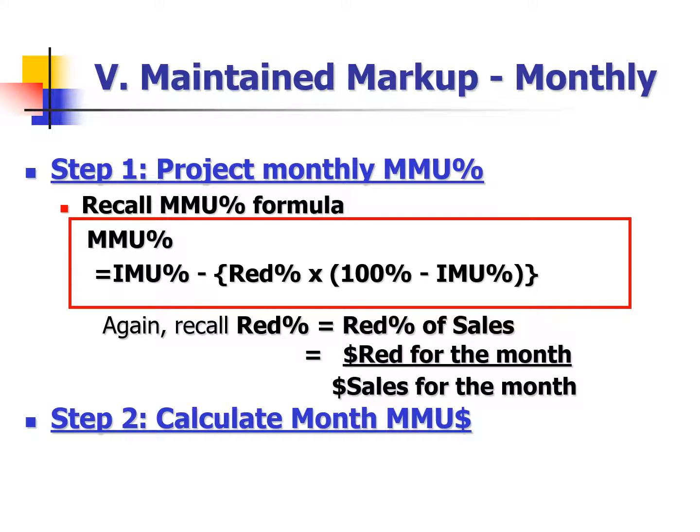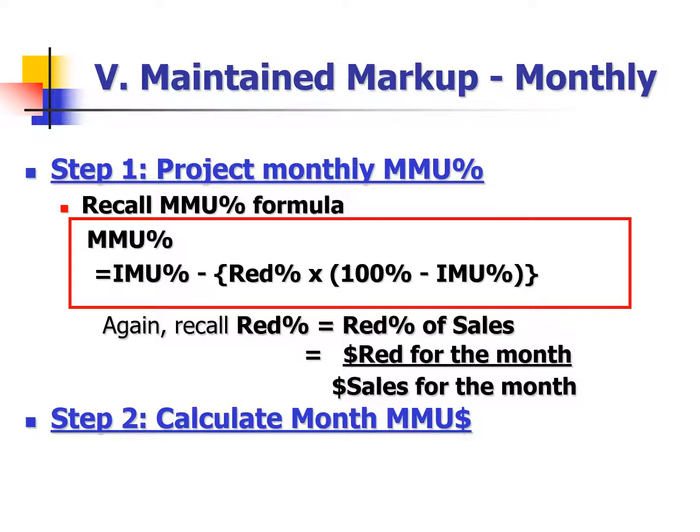Remember that we actually did calculate reductions percent in two ways, right? The first reductions percent was reductions percent distribution, which was reductions percent out of the seasonal total reductions. Whereas the second reductions percent was percent of sales, right? In the formula for MMU percent, the reductions percent means reductions percent of sales.